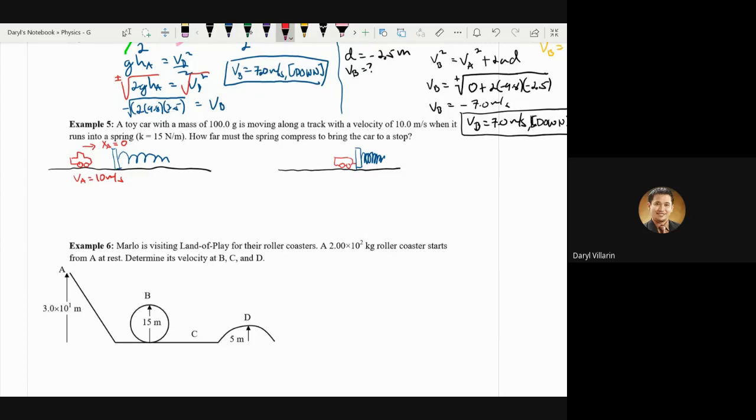So actually, that's the main question there: the spring compresses to bring it to a stop. So that means that, since the word is stop, vB is equal to 0. So this should be 0. But the main question is what would be the displacement? Okay, so that would be your xB.